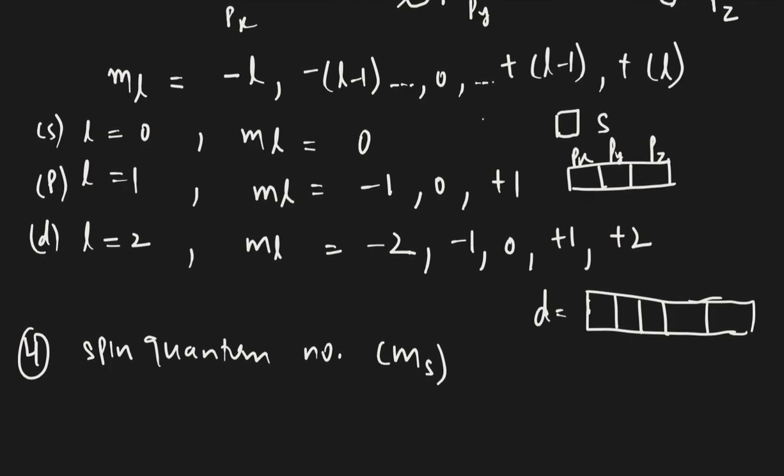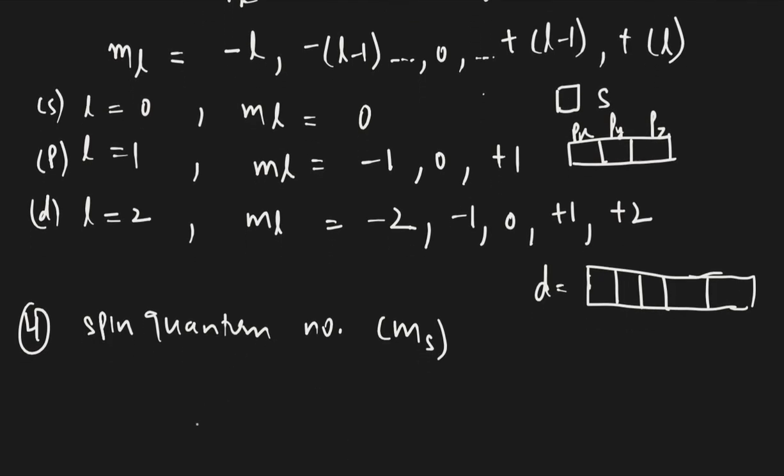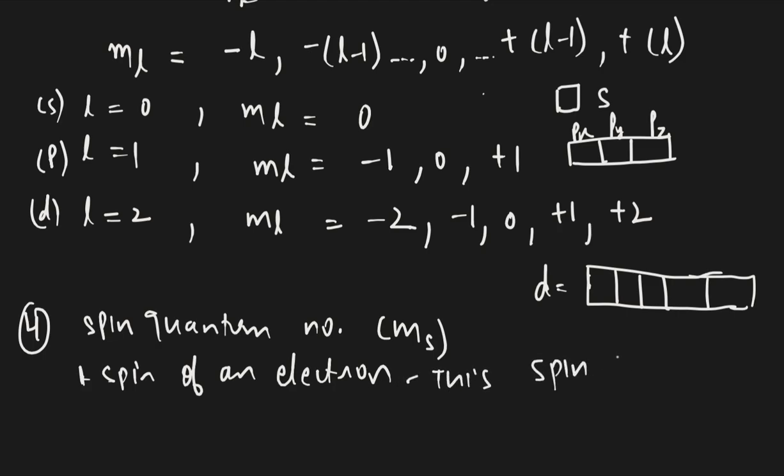The spin quantum number describes the spin of an electron. Basically, this spin gives the electron a magnetic moment.